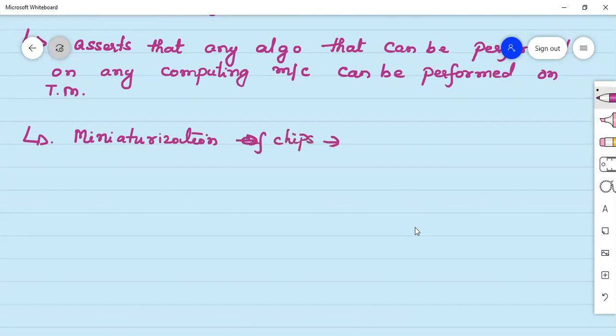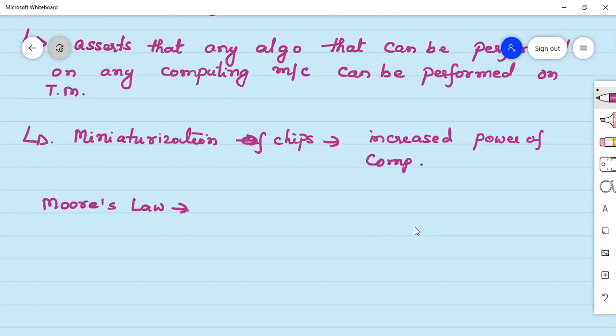It increased the power of computers, right? You can put more in small space. Right. And there is something called Moore's law. Moore's law describes the growth rate of computer power. Okay. Remember, there is something called Moore's law. You may have studied this.